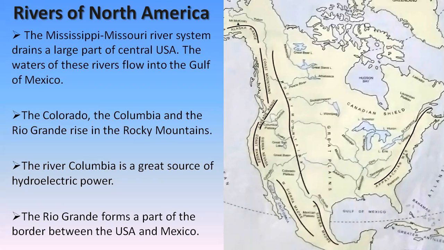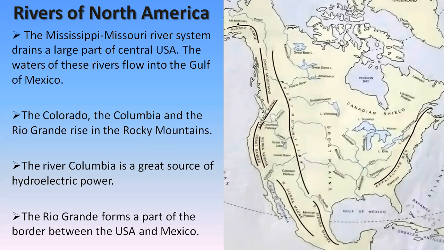The Colorado is another important river, and the Columbia is another important river. The Rio Grande starts from the Rocky Mountain ranges.